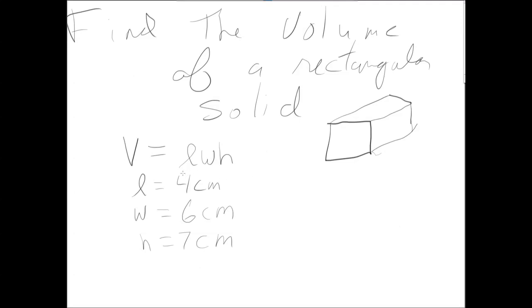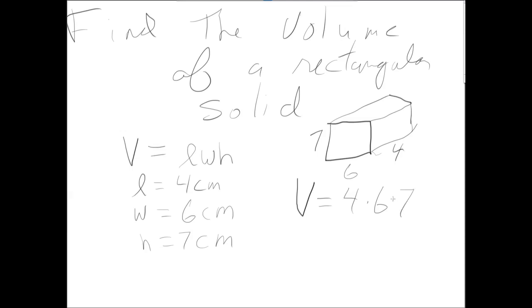This is not really much in the way of order of operations. It's all multiplication, so we just go from left to right. So volume is equal to length, which is 4, times the width, which is 6, times the height, which is 7.